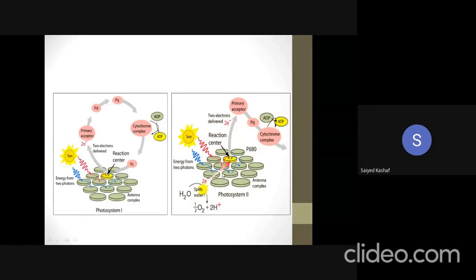These accessory pigments transfer their energy to the reaction center, and then this reaction center comes in an excited state and transfers this electron to the primary acceptor. This primary acceptor accepts this electron and gives that to the plastoquinone. This plastoquinone again transfers that to the cytochrome complex.